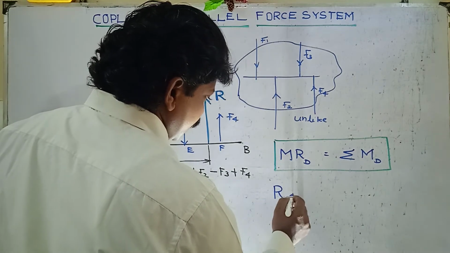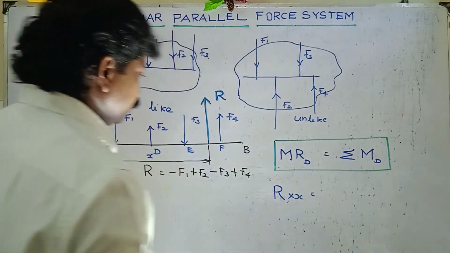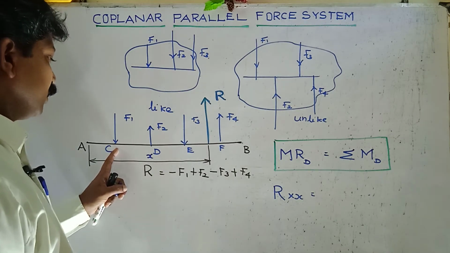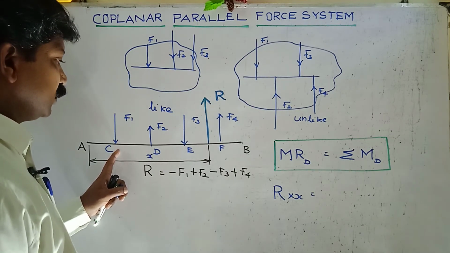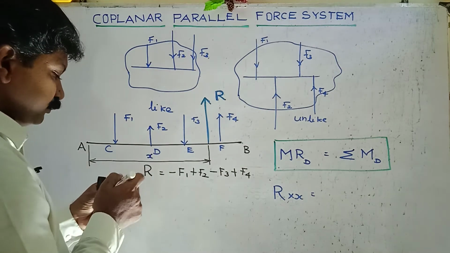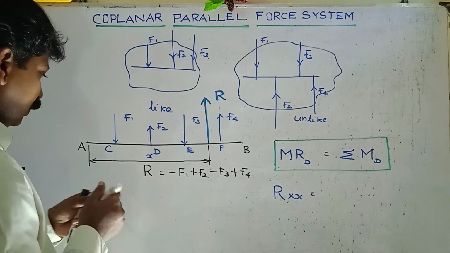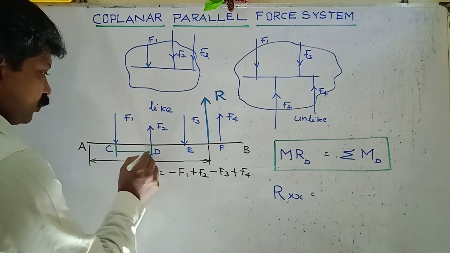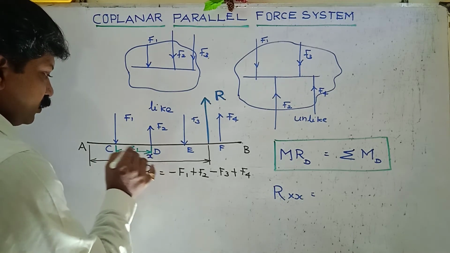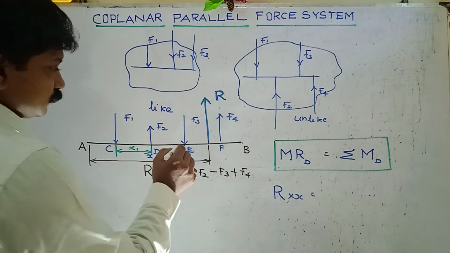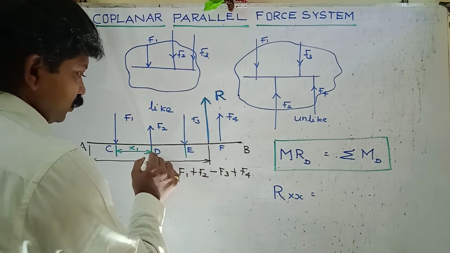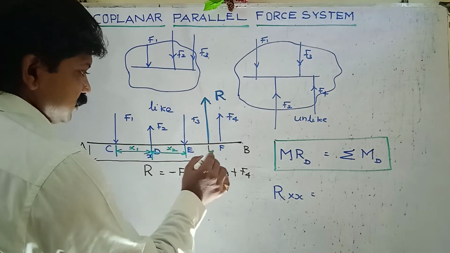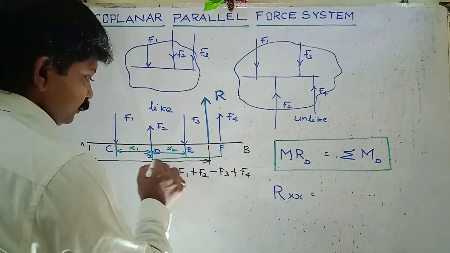R into the distance x equals F1 into its distance. Take the distance as x1. Take the distance x2. Take the distance x3.